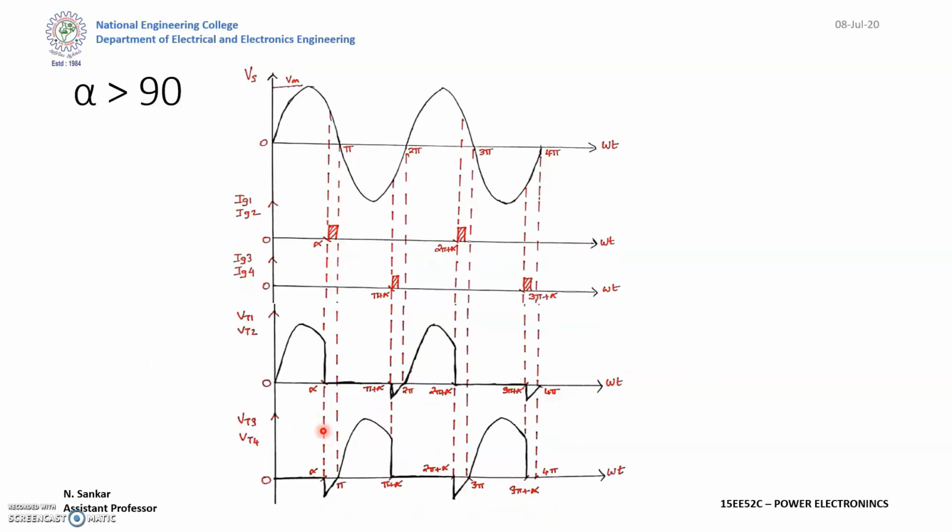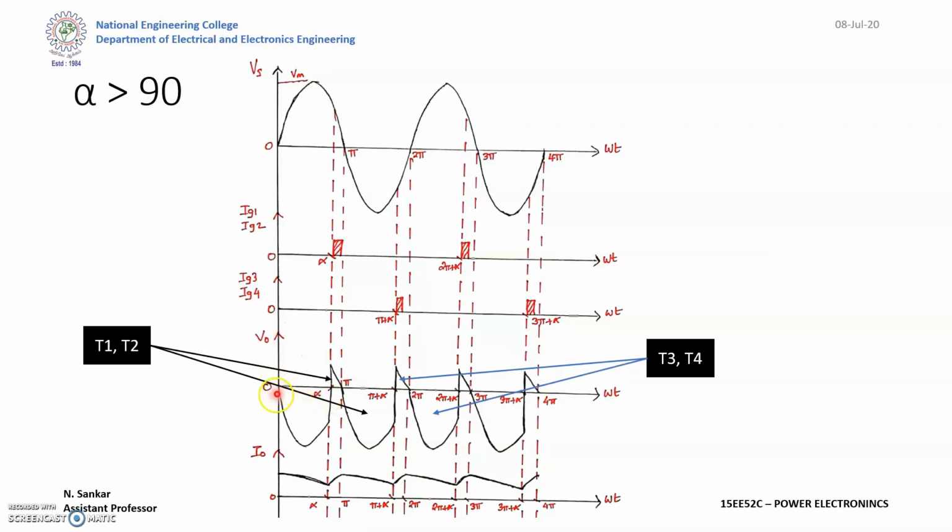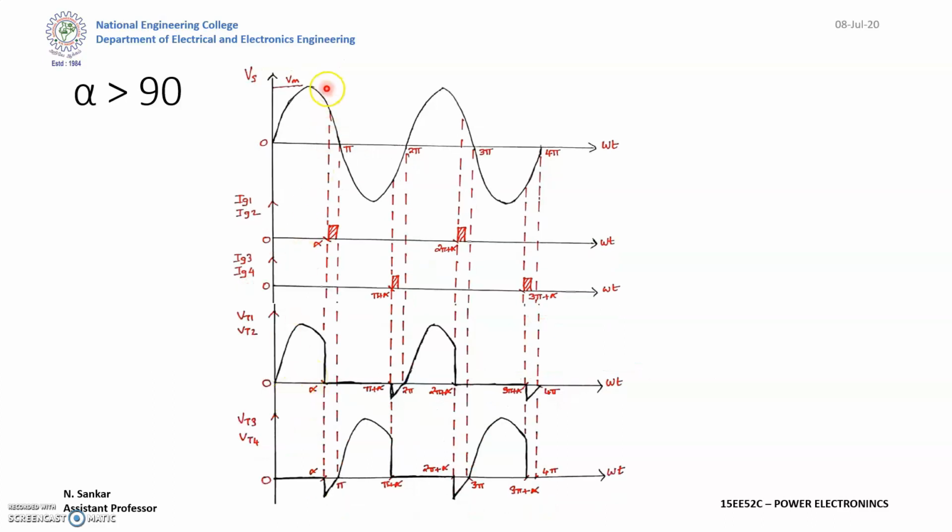Concluding the points seen before, this is the voltage across the thyristors when they are in the off position. From 0 to alpha, T3 and T4 are conducting, so T1 and T2 are in the off condition and the voltage follows the input voltage. At this point it is turned on.